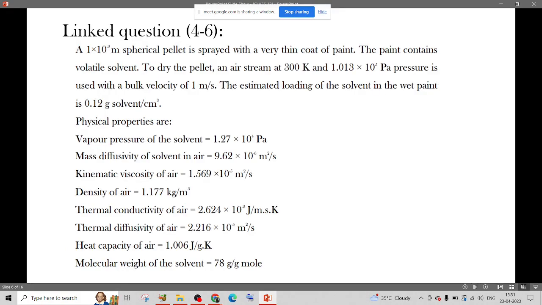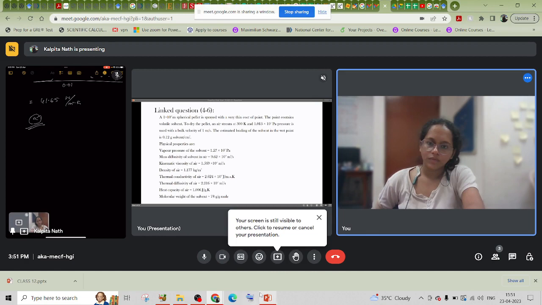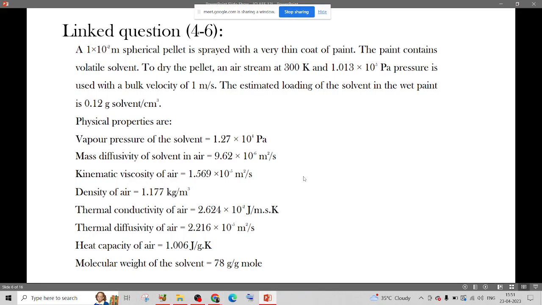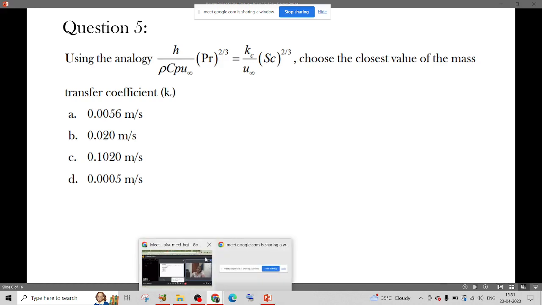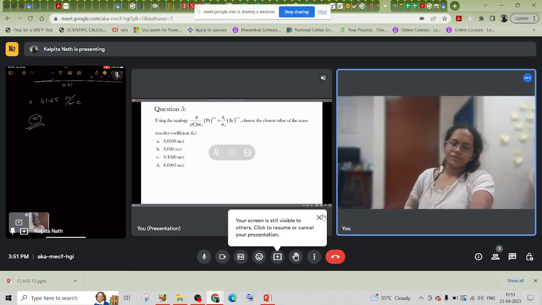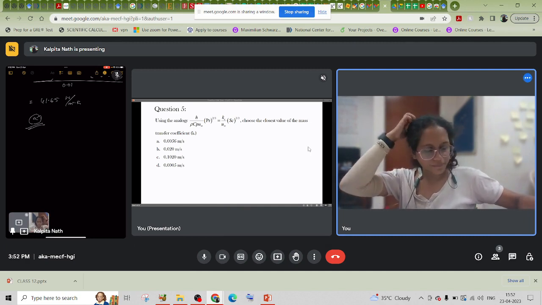You can use these values. And this is the equation. First note down the equation and then use the values. If you have any doubt, you can ask.